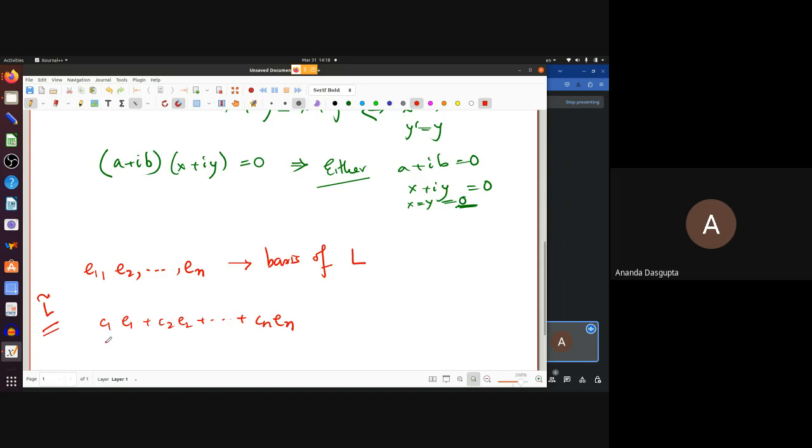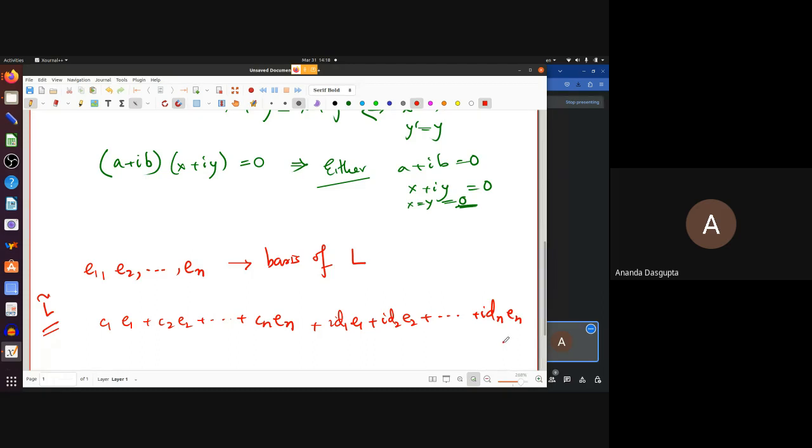Will every element of L tilde be of this form? Actually this cannot be every element, but you can actually have iD1 E1 plus iD2 E2 plus iDn En, and it should be really easy to see that every element of L tilde will be of this form, right?